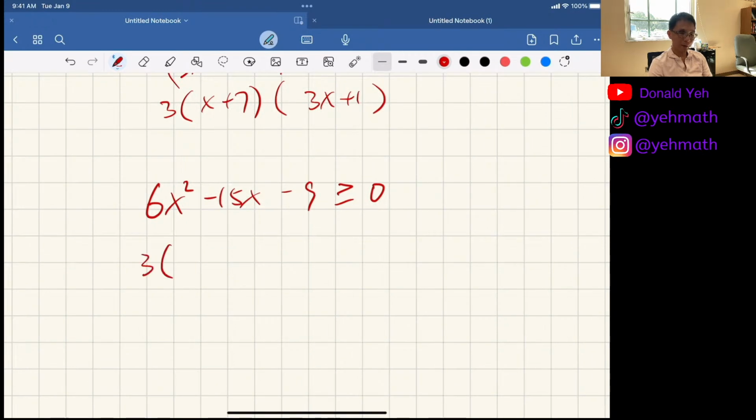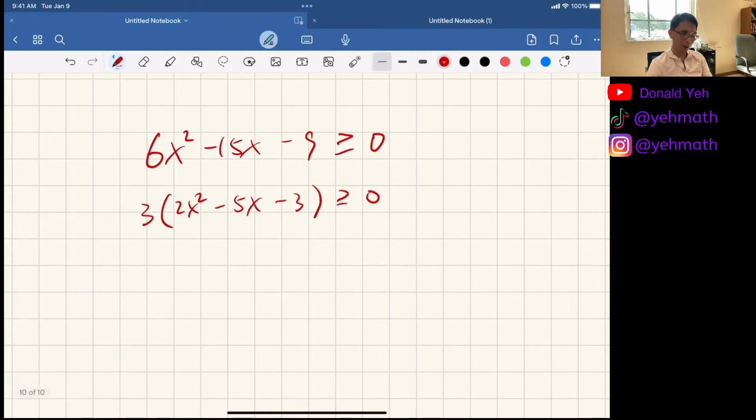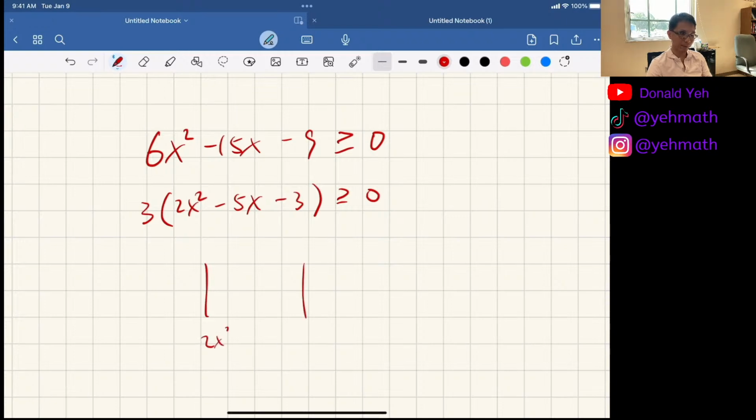If I divide by 3, that is going to give you 2x squared minus 5x minus 3. I can divide by 3 on both sides. That's just going to go away. So I still have to factor this, though.